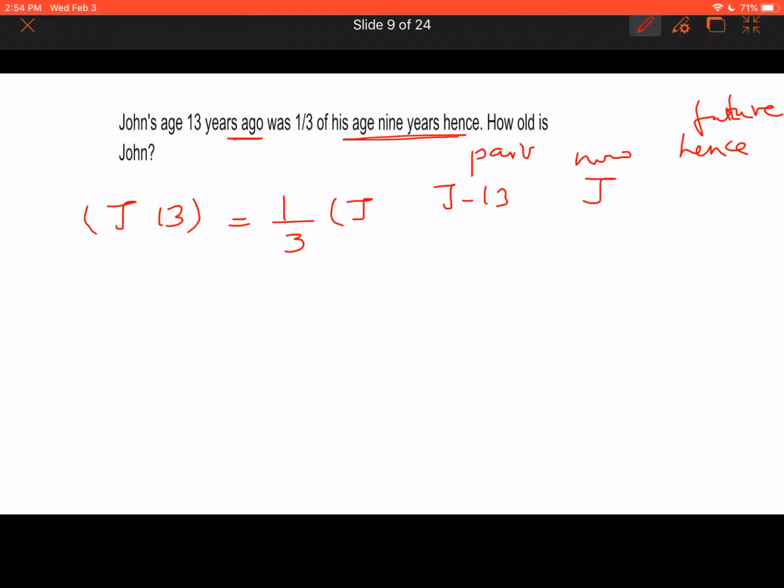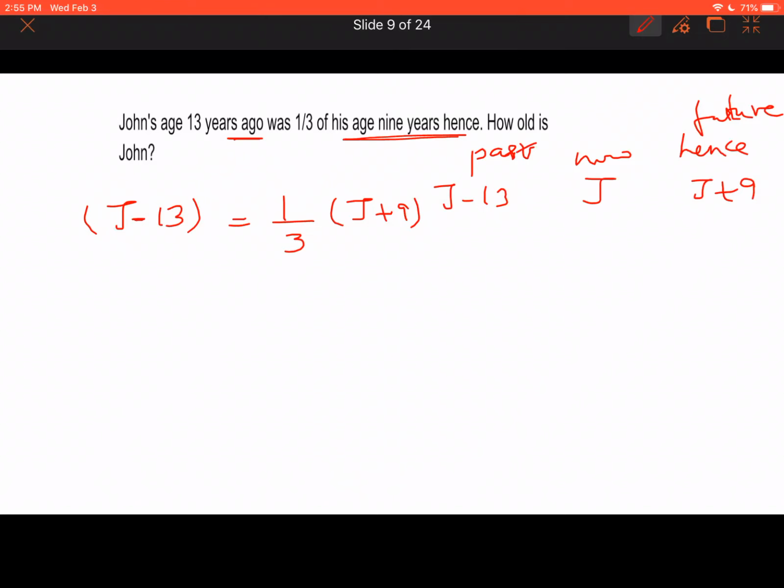And 9 years hence, that is J plus 9. So J minus 13, that is before 13 years, his age was 1/3 of his age 9 years after. So getting into the relationship, knowing it is very, very important.